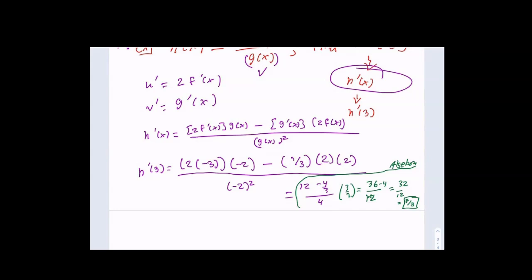So y minus h of 3 equals 8/3 times x minus 3. Oh, that's it. I just got to find h of 3 now. I held off doing those types of problems. I'm going to give you those problems after we do the chain rule. So you will get some tangent line problems, and you'll get them soon.